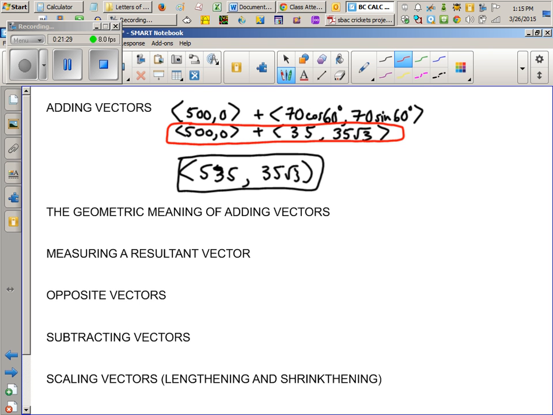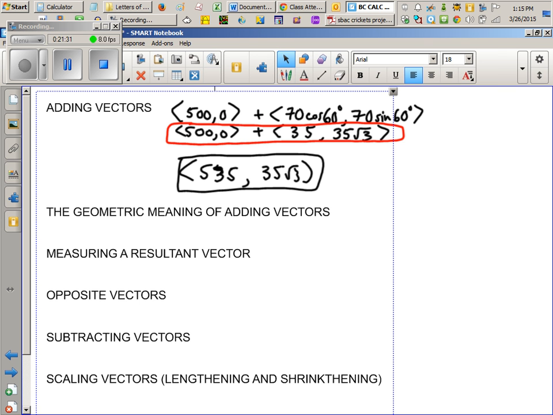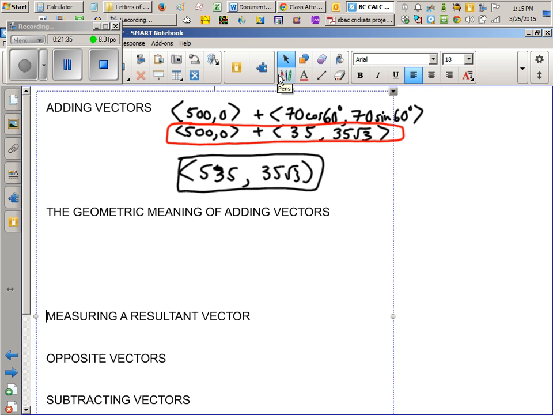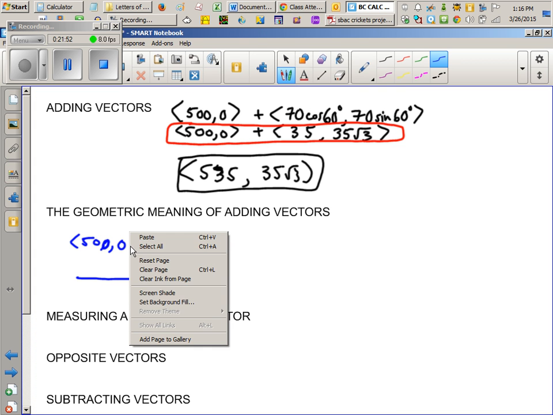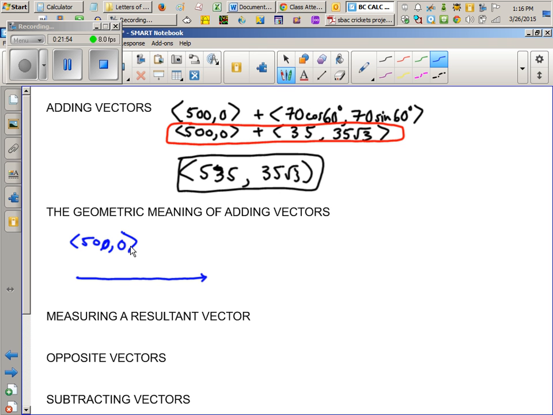So let's talk about why that's the case. Whoever invented vectors actually decided that adding vectors would consist of two phases, adding the x's and adding the y's. So why is that? Let's talk about the vector 500, comma 0. What does that mean? So 500, 0 is a very long vector with lots of run and no rise. 500 units of run, no rise at all.